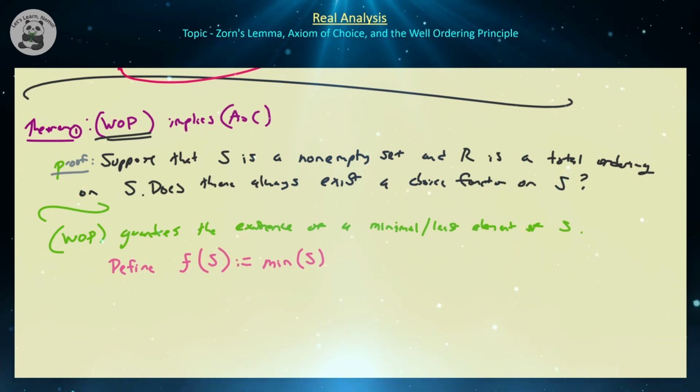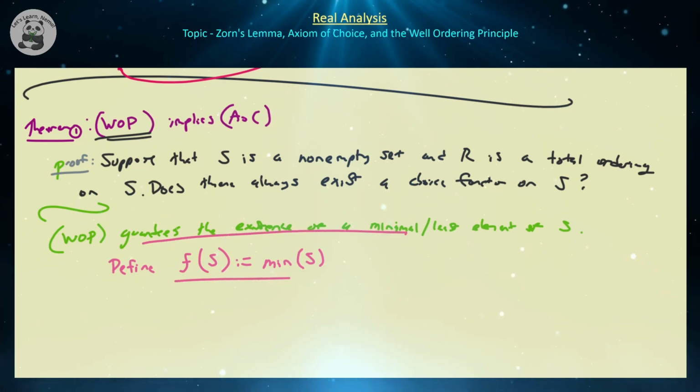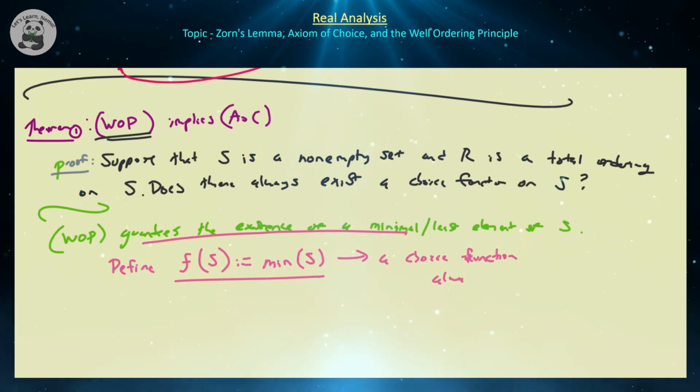Since we're guaranteed an existence of a minimum, this function always exists. So that means a choice function always exists. And that completes the proof.